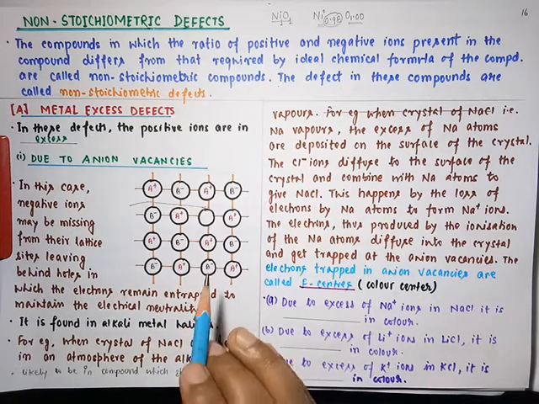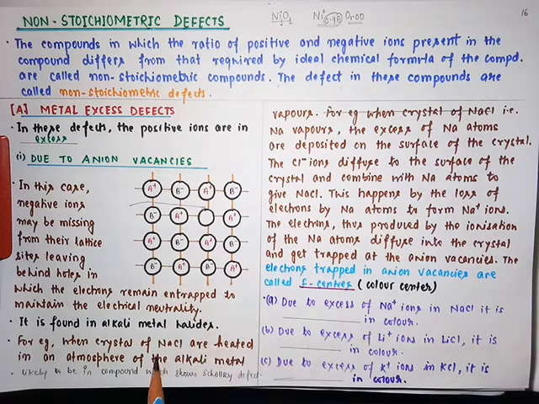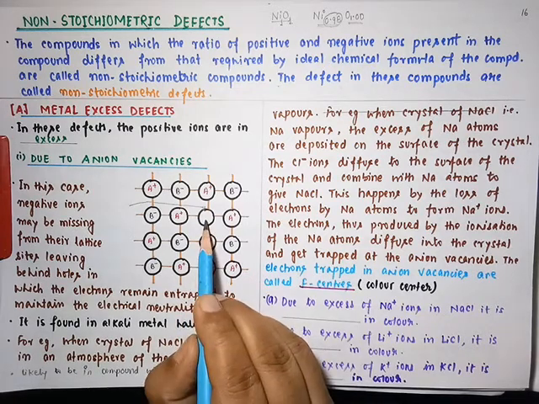Obviously we are discussing the case of ionic solids. An ionic solid should be electrically neutral, meaning thereby the number of positive charges should be equal to the number of negative charges. We have one less negative charge here.